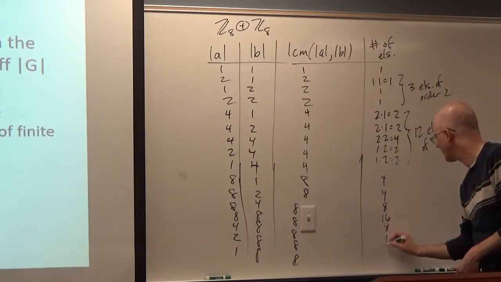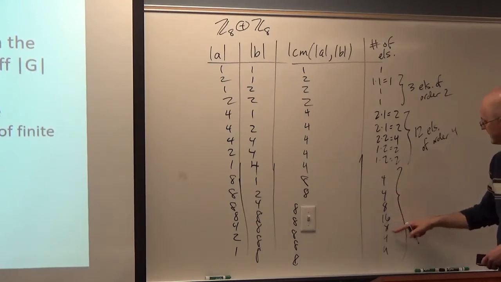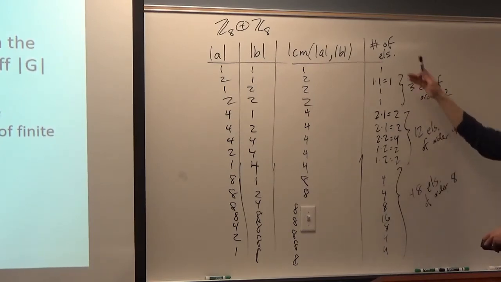Then 8, then 4, then 4. Add those together. 4, 8, 16, 32, 40, 48 elements of order 8. Do these all add up to 64? 48 plus 12 is 60, 63, 64. We've accounted for all 64 elements.